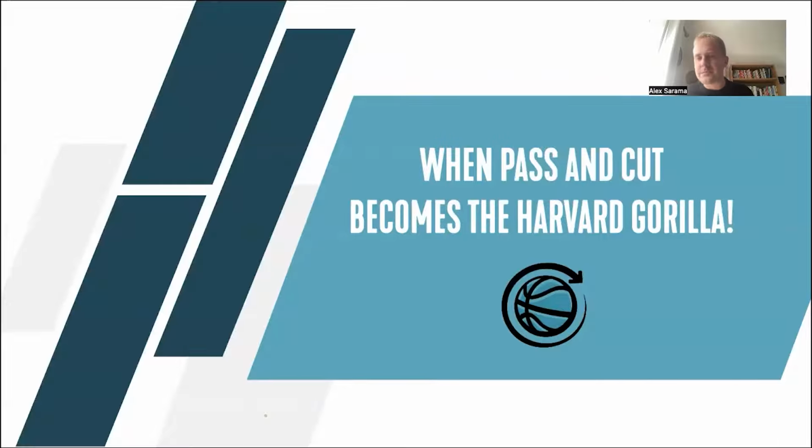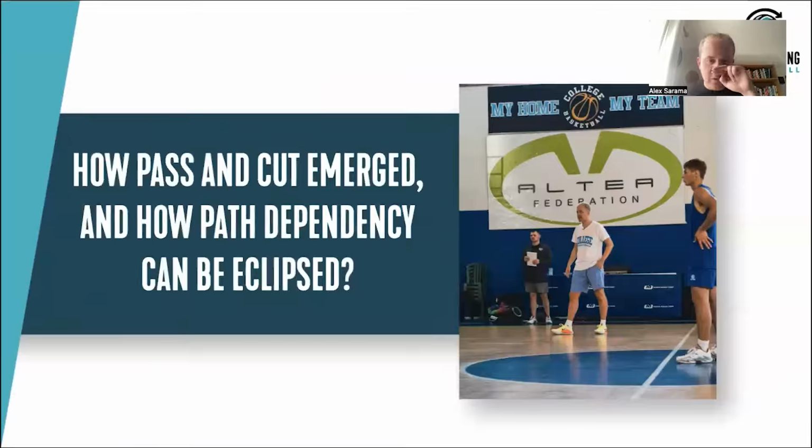Even when players get to under 16s, the pass and cut is typically scrapped for other forms of offense. Therefore, I would argue that we need to spend every minute developing players in the situations they need to become adept in order to be good players when they're older.